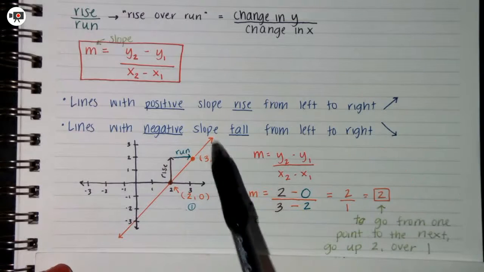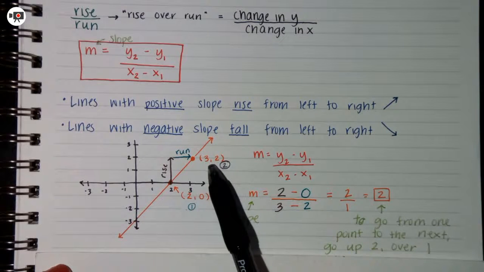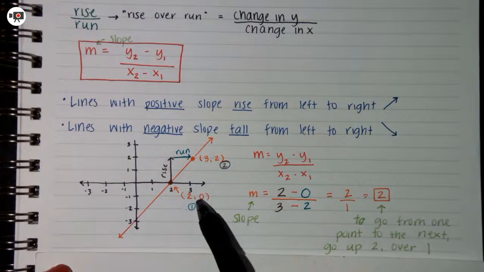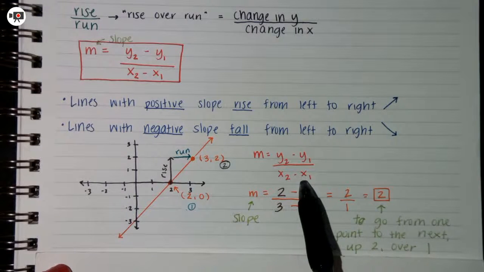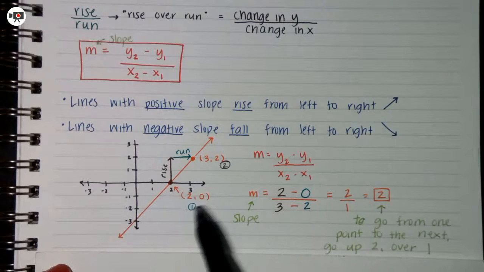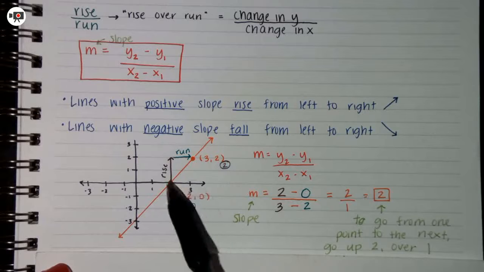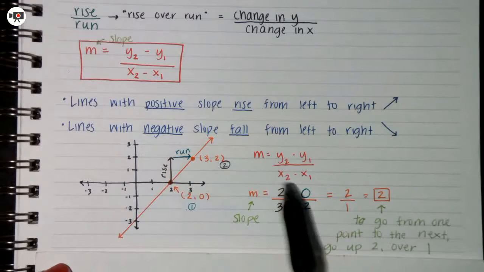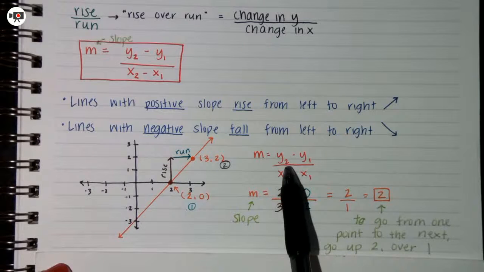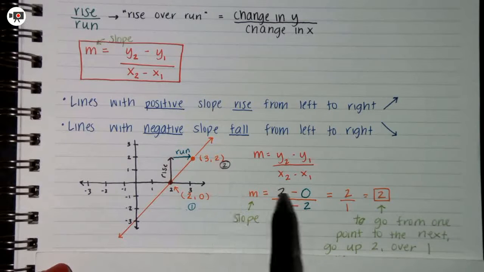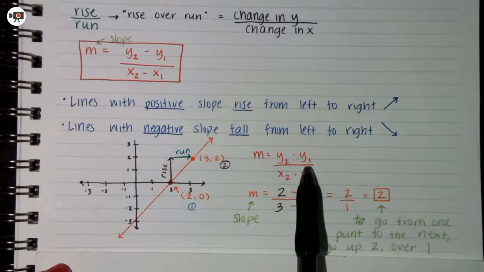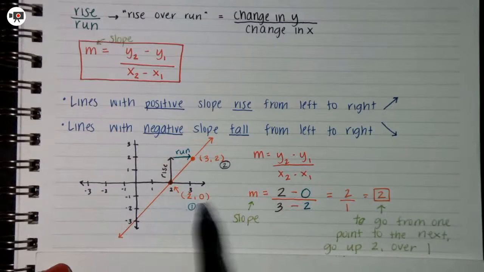So I have the graph here with the points 3, 2, and 2, 0. If I'm finding slope, I'm going to take my formula and plug in the numbers. So this is point 1 and this is point 2. I chose point 1 to be the point on the left and point 2 to be the one on the right. So y from point 2 is this 2, and y from point 1 is 0.